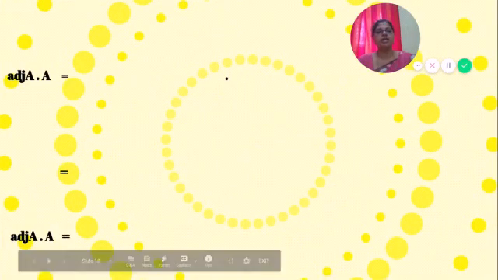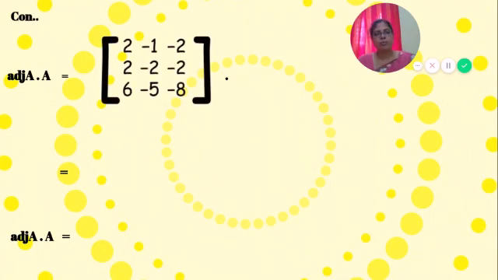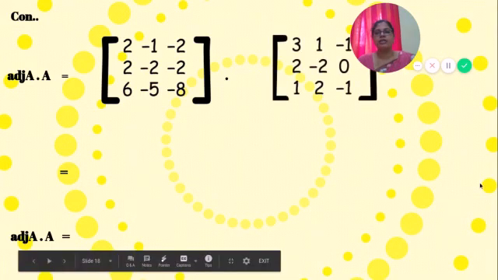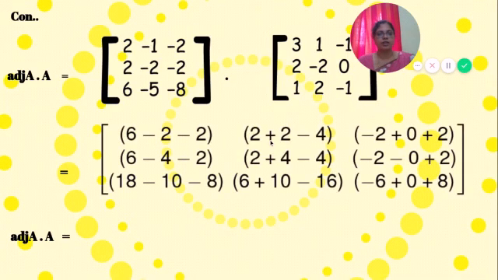Now we have to find adjoint of A into A. I am taking the value of adjoint A from equation 2: 2, minus 2, minus 2, 2, minus 2, minus 2, 6, minus 5, minus 8. And this is my matrix A: 3, 1, minus 1, 2, minus 2, 0, 1, 2, minus 1.